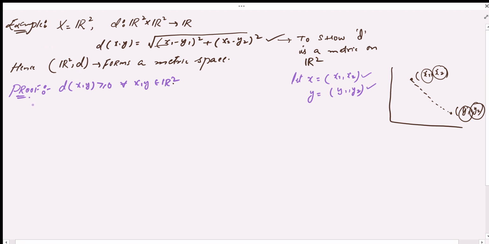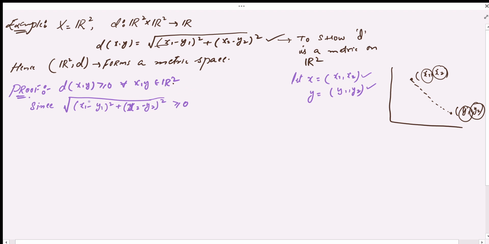Now since we have d(x, y) defined like this, the square root of (x1 minus y1) whole square plus (x2 minus y2) whole square is always greater than or equal to 0. How is it always greater than or equal to 0?